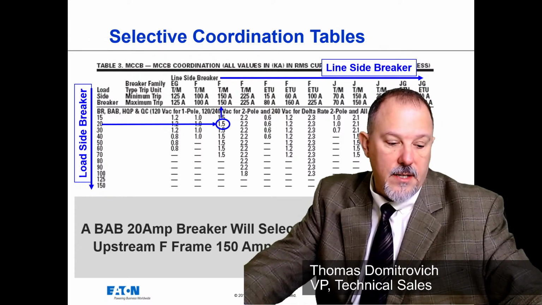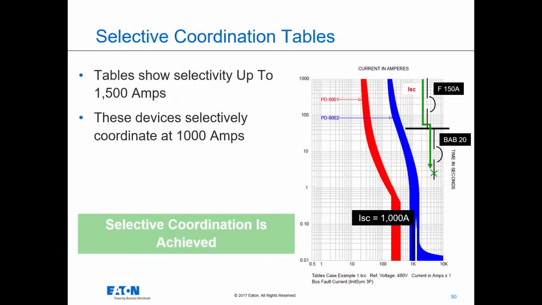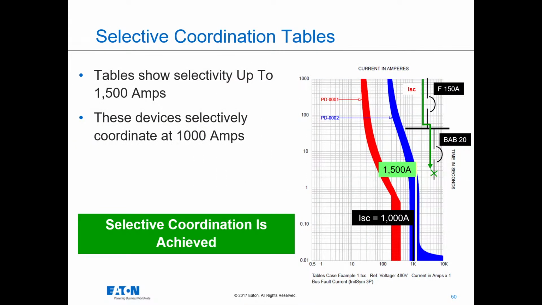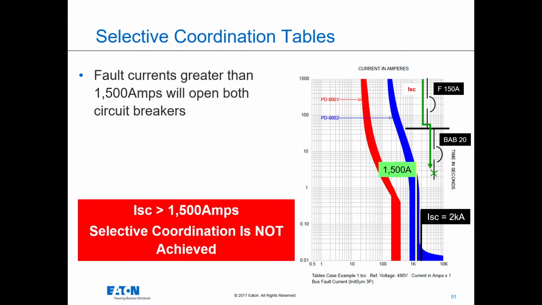So if I go back to this slide, if I have 1000 amps going through both of these circuit breakers, I know that the downstream breaker will open, the upstream breaker will not open, because of those tables. If I go greater than 1500 amps, say 2000 amps passing through both of these breakers, I'm going to open both of those breakers.